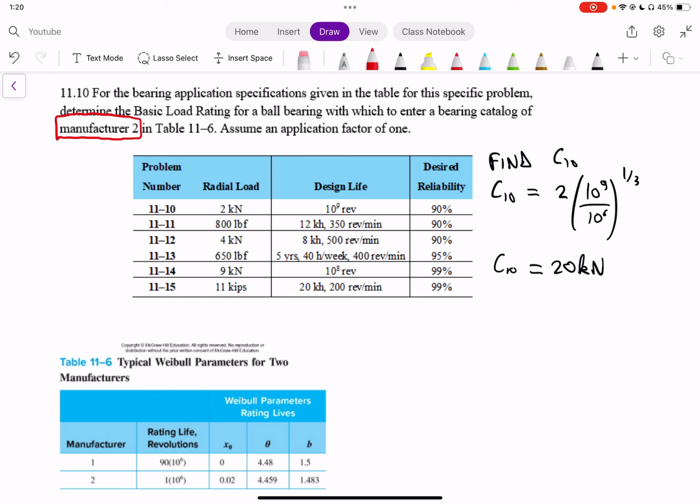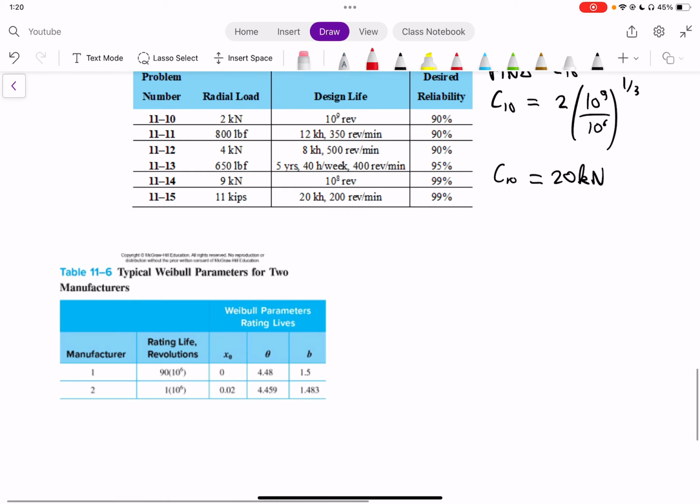Typically in this lecture series and in this module, we're always going to assume manufacturer 2. But there could be some problems where you have different manufacturers with a different rating life. You can see that manufacturer 1, for example, has different Weibull parameters to be used.